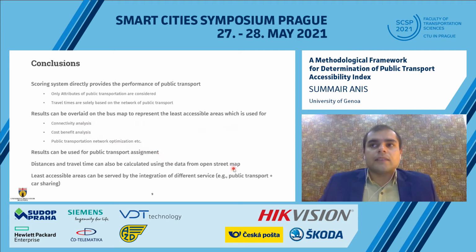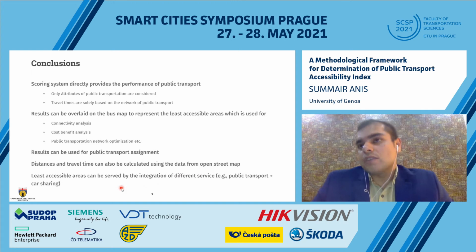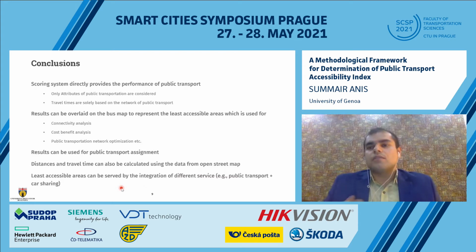In this way, the data will be more accurate and the travel time more realistic. And the least accessible areas can also be served by introducing different alternatives like a public transport plus car sharing system or a demand responsive public transport system. There are many different approaches which can be a way forward from this research.